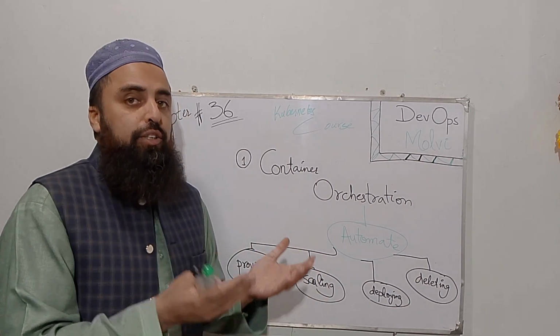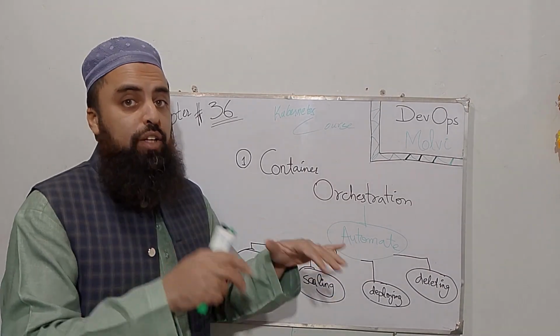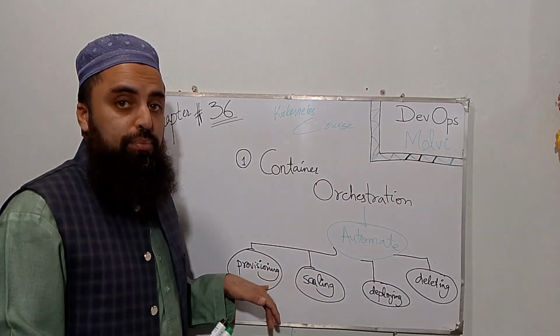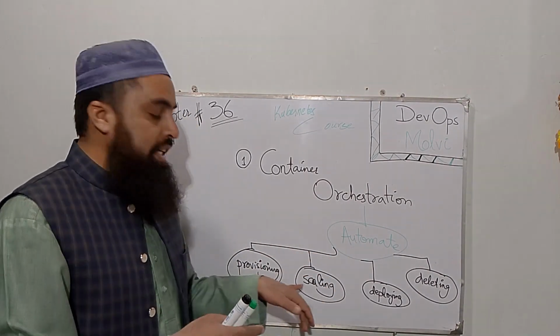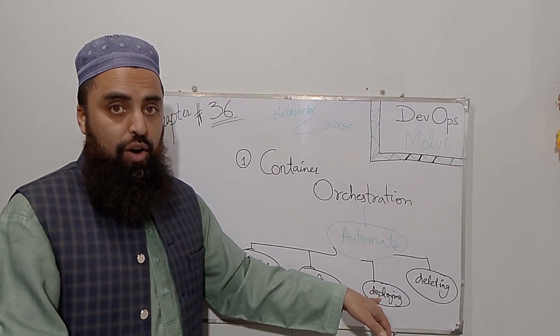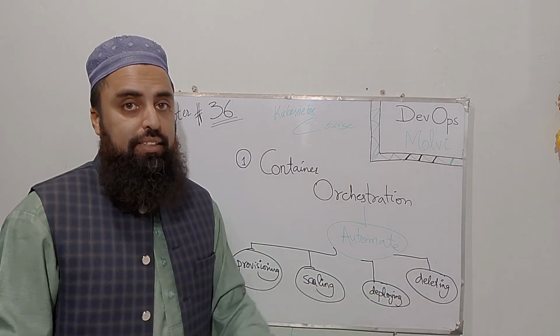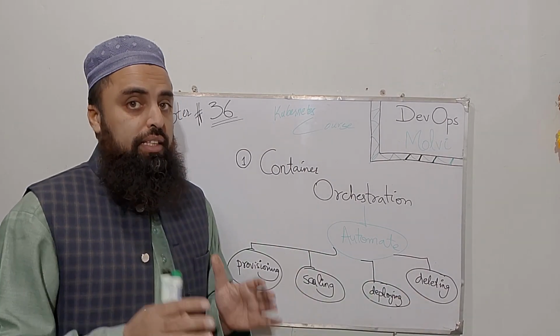And that's what Kubernetes does. It orchestrates, it automates the process of provisioning new applications, scaling up or down the applications, deploying or updating applications, or deleting applications that are no longer needed.